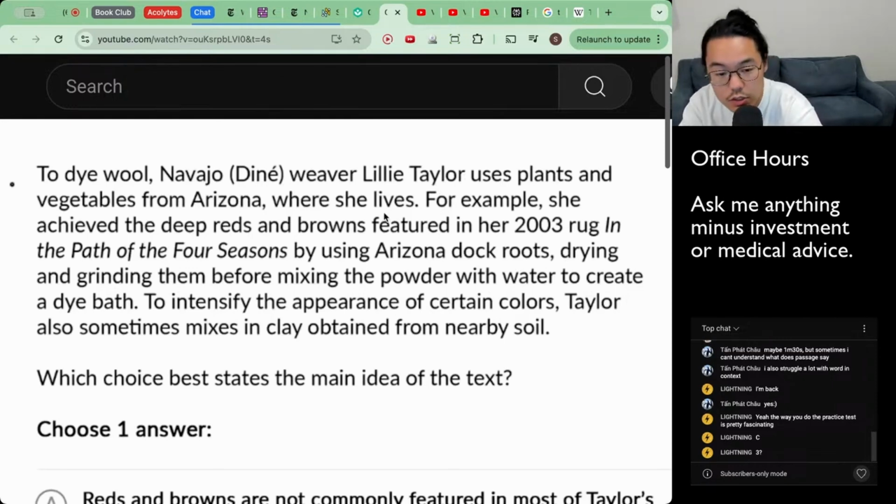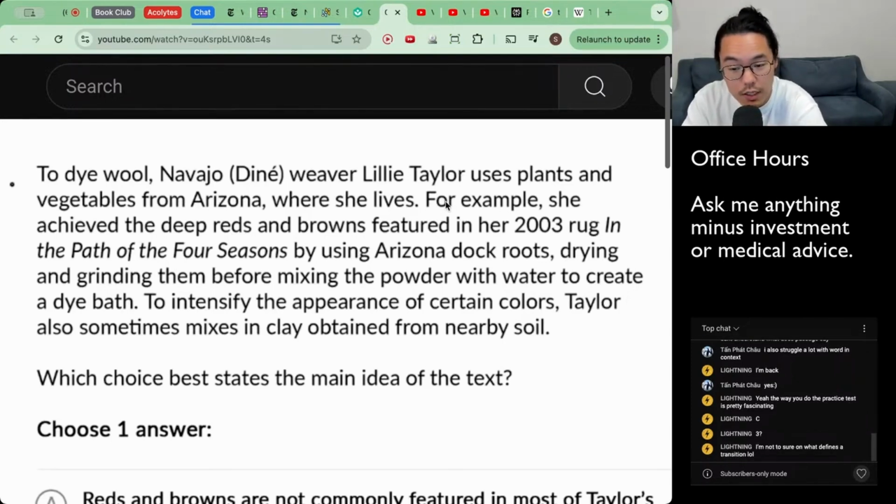You were looking specifically for transition words. So you looked at, for example, and you said, oh, that's a transition word. I learned that from a textbook. That is why you think this is the one transition, because you found the transition word, for example. You will tend to score in the 500 to 650 range.